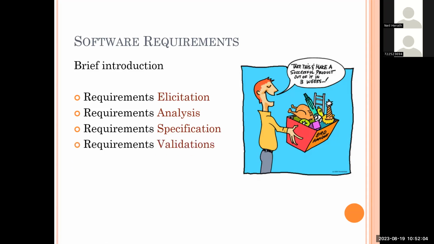And finally, validation. Validation is after the software system is built, then the client or the customer would need to know whether what is built is based on what they ask. So what they ask is in the requirement specification.